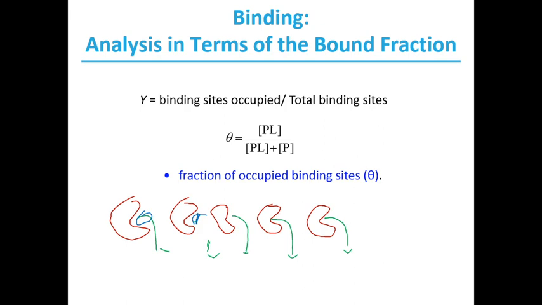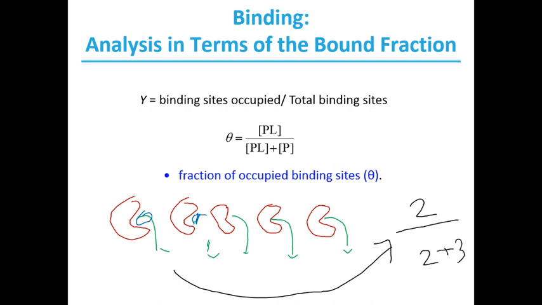That fraction is the number of binding sites occupied, 2, divided by 2 plus 3, the total. And 3 is the number of proteins that do not have their binding site occupied by the ligand. So this is the fraction, and that is what is given by this equation here.